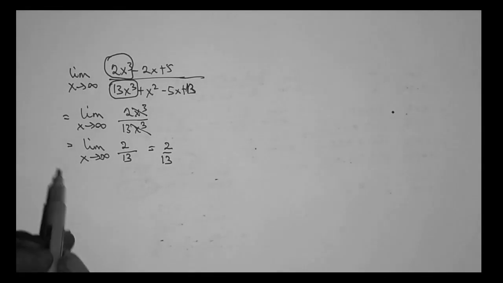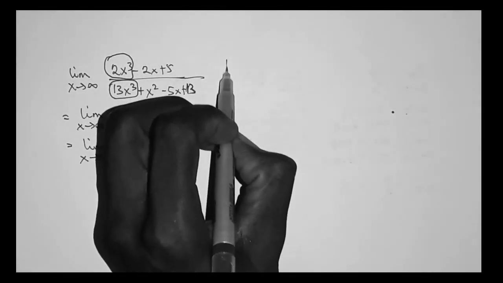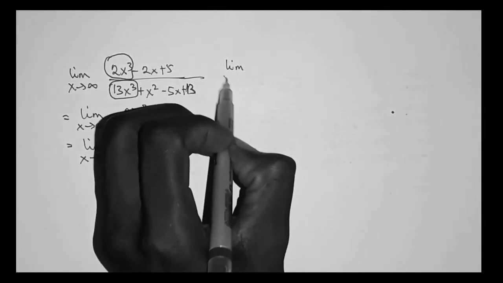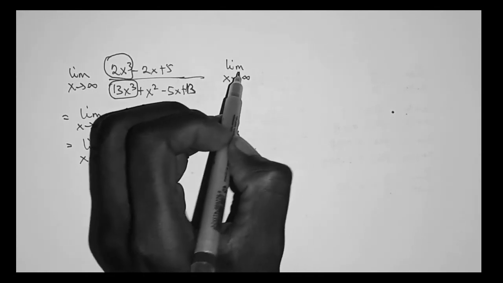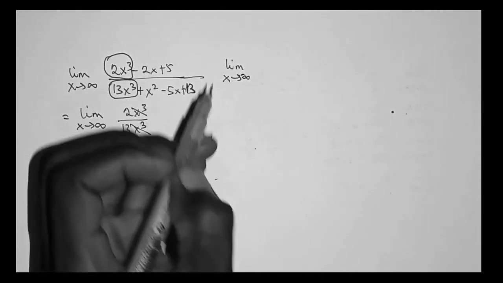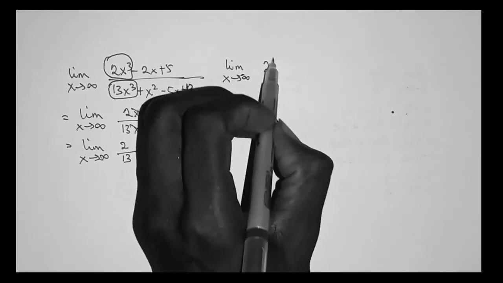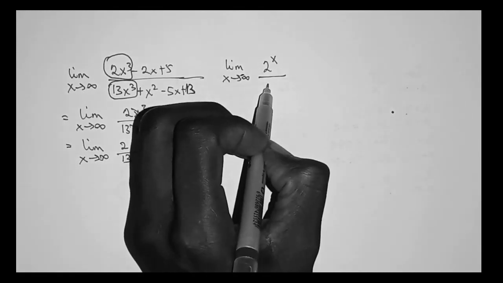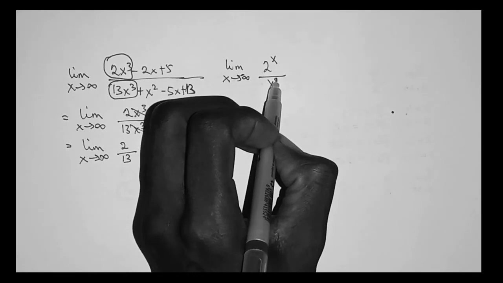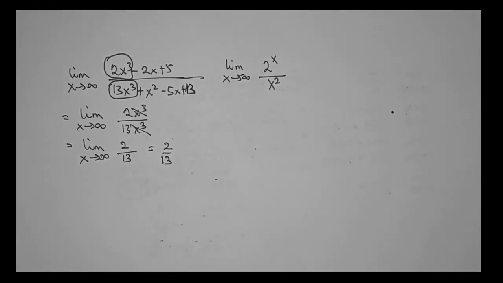Now, let's also find this limit as x approaches infinity from the right hand side of 2 exponent x divided by x squared. So what is the answer for this?